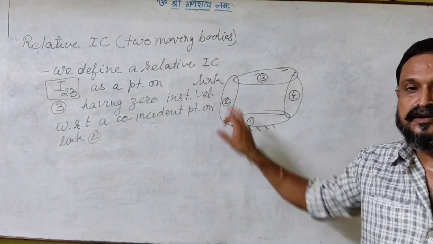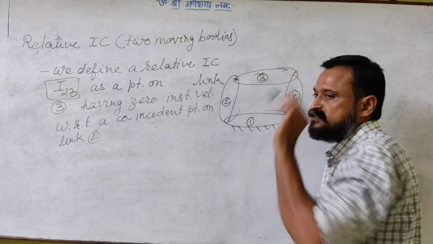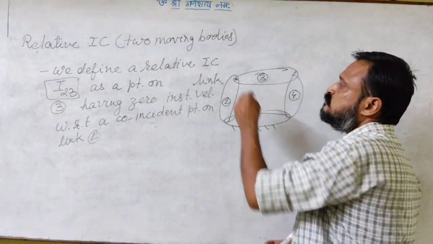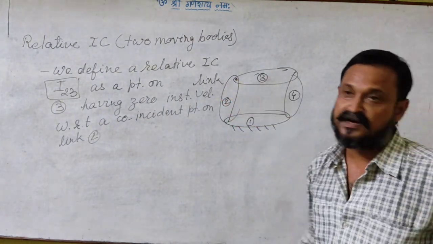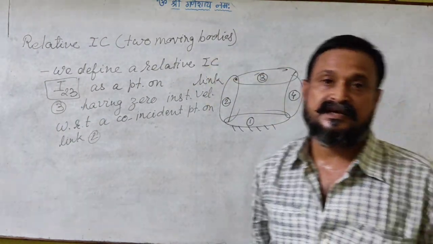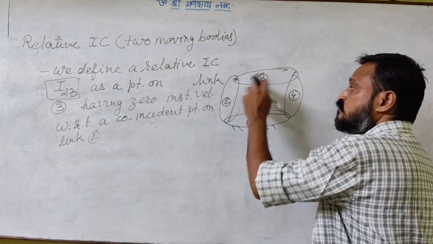Now if you see a coincident point right now here, I can say this is the joint between link 2 and 3. So this joint is a coincident point for 2 and 3. So at this instant I can very well say that this joint is the instantaneous center of rotation for both these bodies.